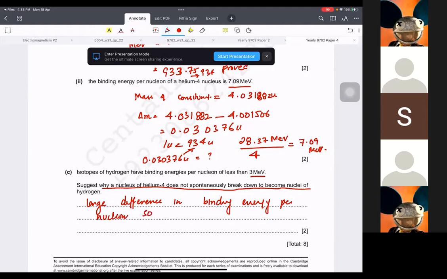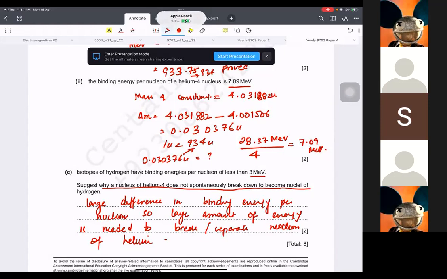So a large amount of energy is needed to break or separate the nucleons of helium. Is it clear? So you can write that helium-4 is more stable than hydrogen.